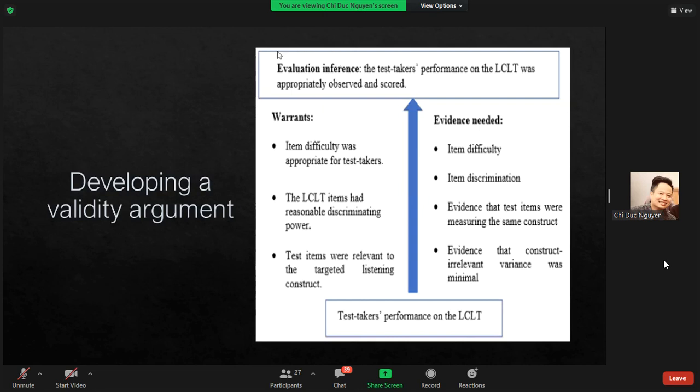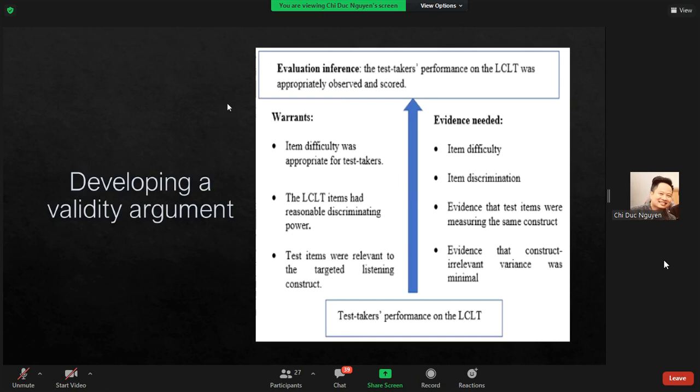In order to justify this claim, we need this kind of evidence. This evidence will be used to justify the warrants over here. And when all the warrants are accepted, we can support this claim. Now we go from one to another in terms of evidence.